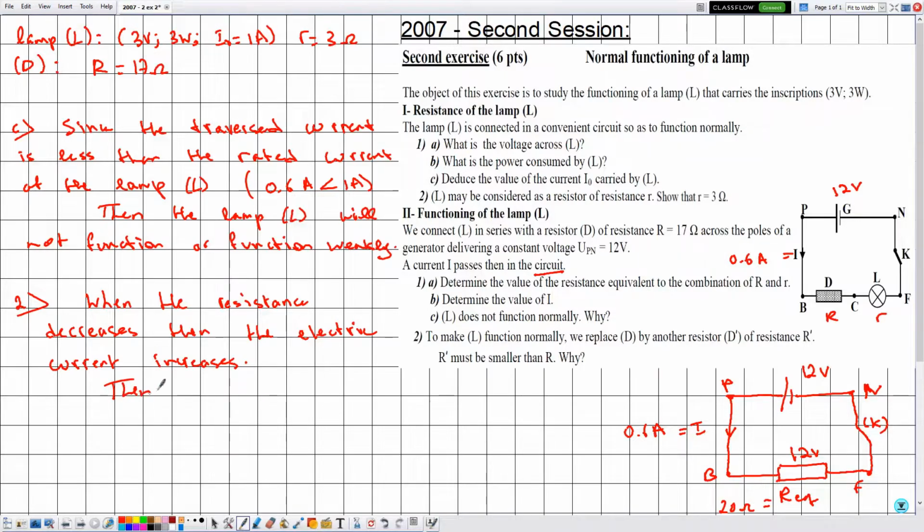Then for this reason R prime must be smaller than R.